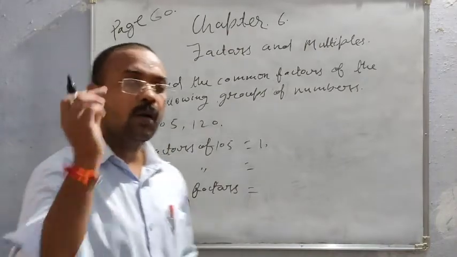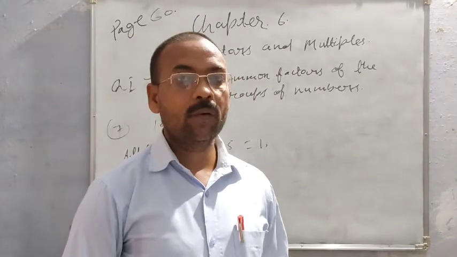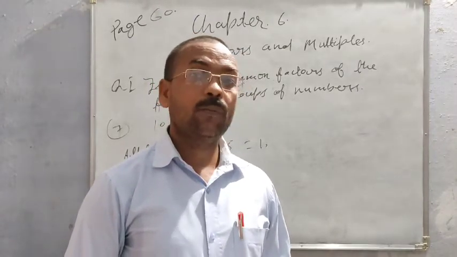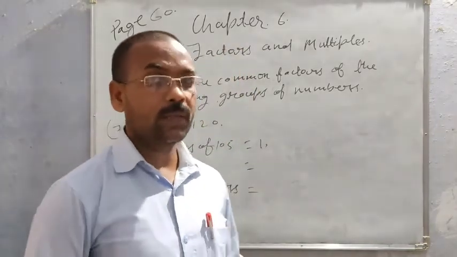If you don't know the tests of divisibility, you cannot get the factors of the given number. So it is very important to revise and understand. You have to practice more and more the tests of divisibility from previous chapters.